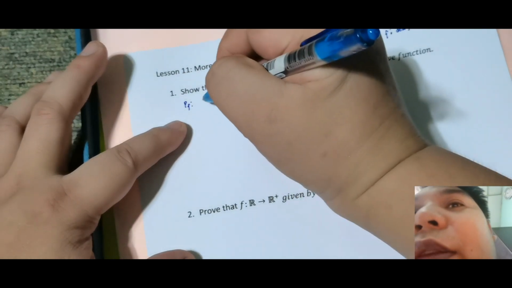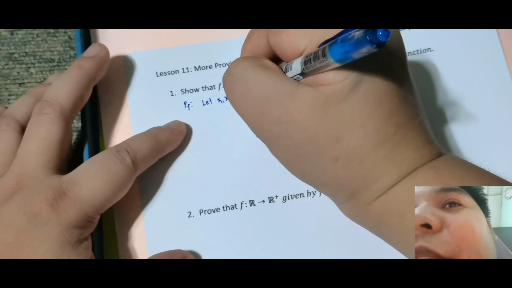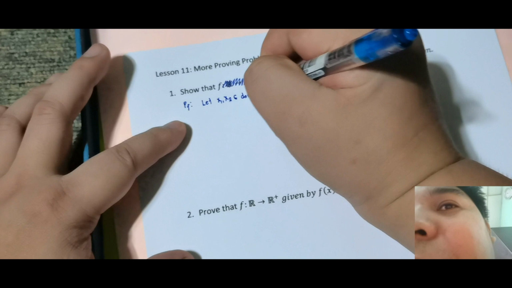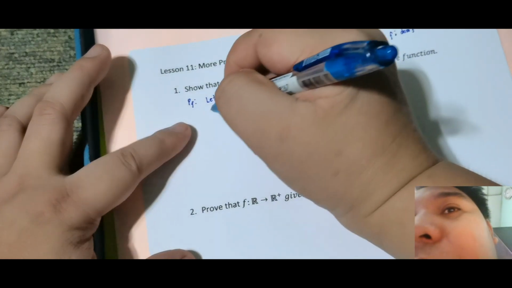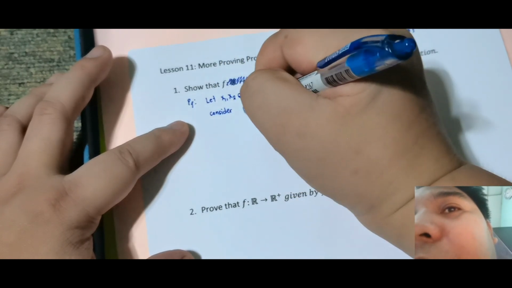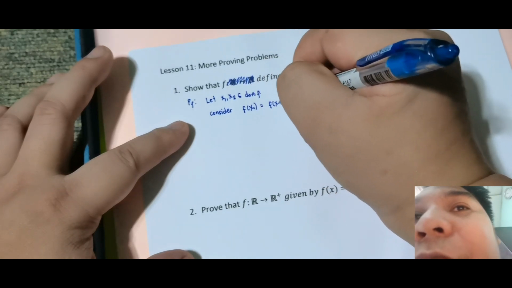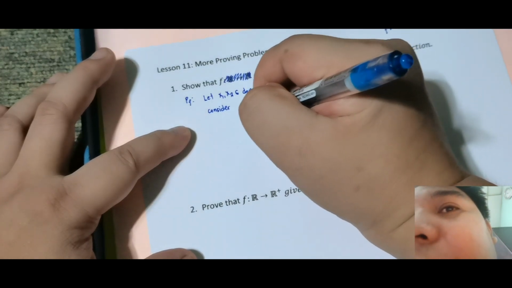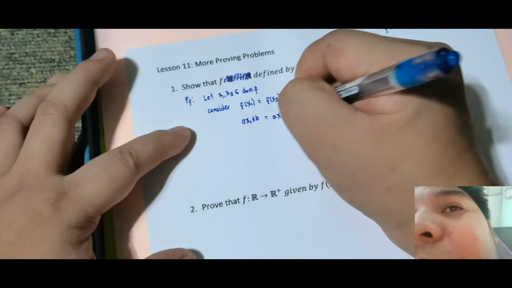Okay, so una, let x sub 1, x sub 2, element ng domain of F. Okay, next is consider f of x sub 1 equals f of x sub 2. Okay, and that is simply equals sa ax sub 1 plus b equals ax sub 2 plus b.